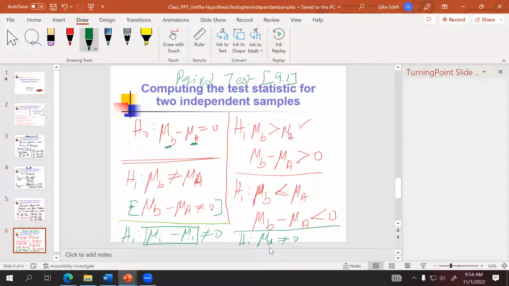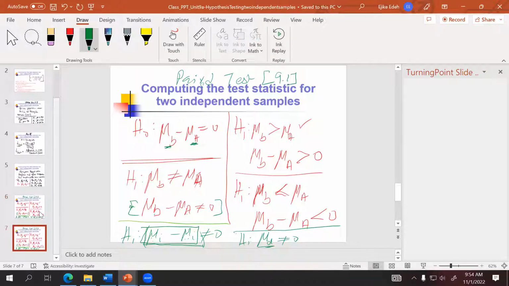So if I do this for all of them, then I have an entirely different way of stating the null and alternative hypothesis. Essentially, I'm trying to replace every place I have mu before minus mu after with mu d, right? So let's rewrite all of this in the next slide.